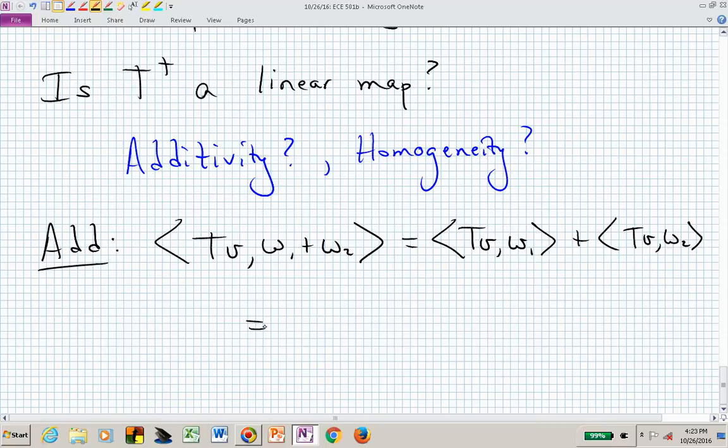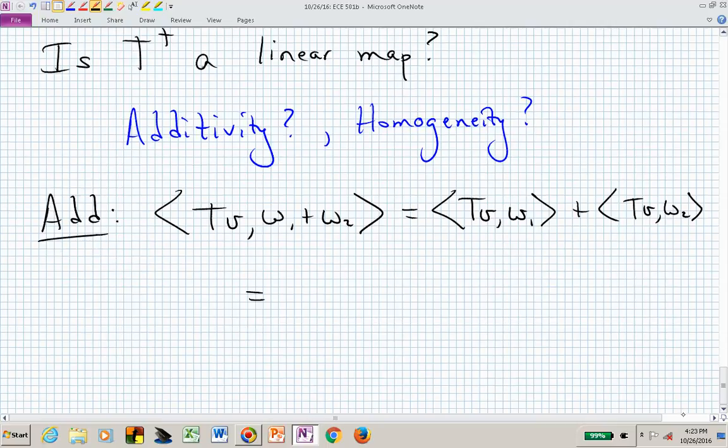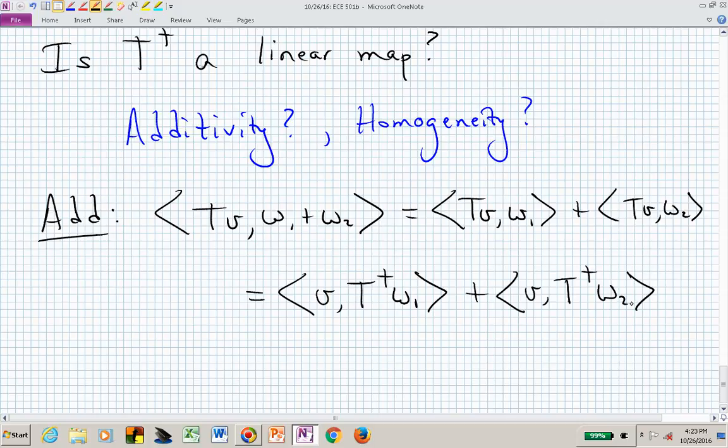But now what if I utilized the adjoint definition of each of those two inner products on the right? How would I rewrite those two terms using the definition of the adjoint? Then the first one would be V, T dagger W1, and the second one would have the same structure: V inner product with the adjoint times W2.